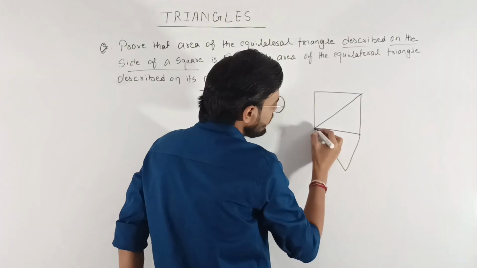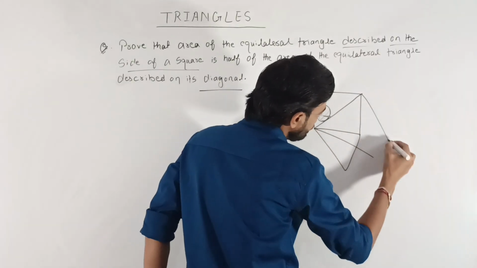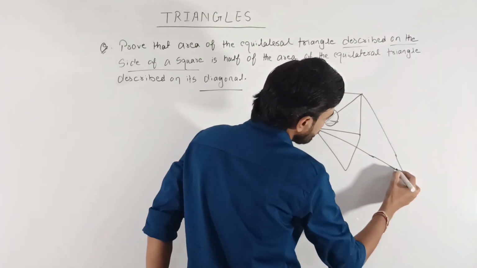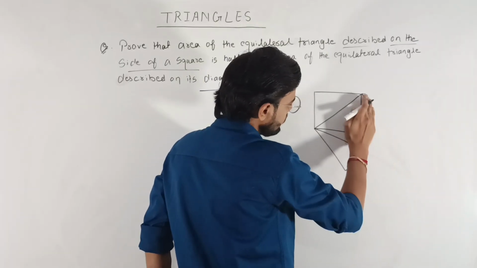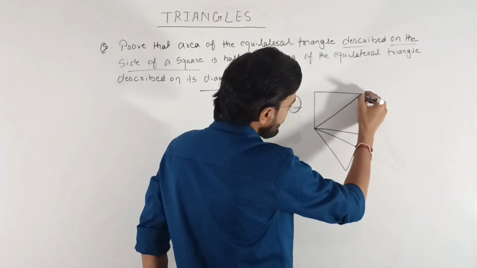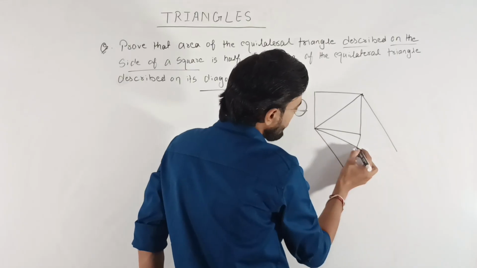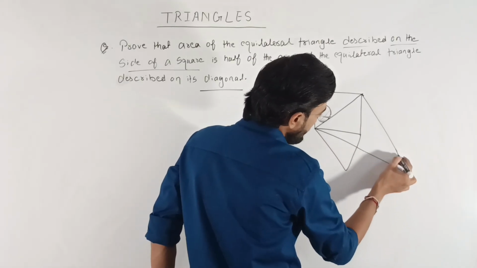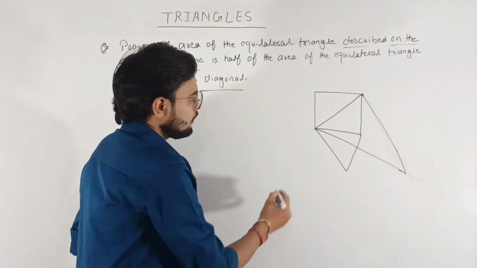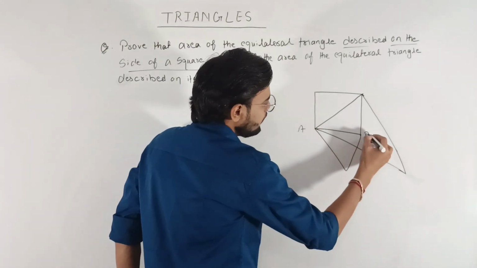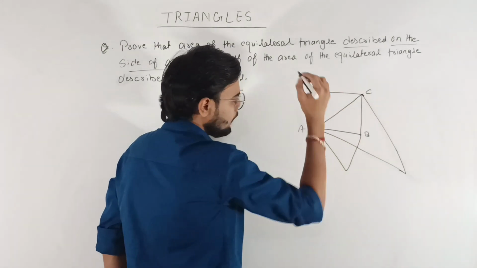So the second equilateral triangle is on this diagonal. Just name it. A, B, C, D is my square.